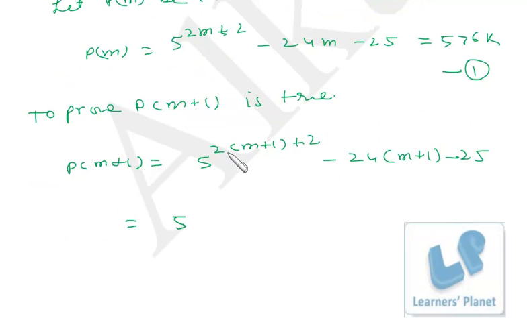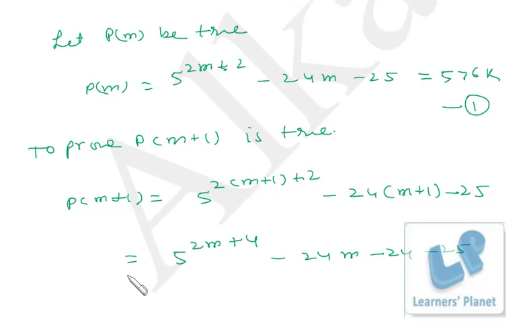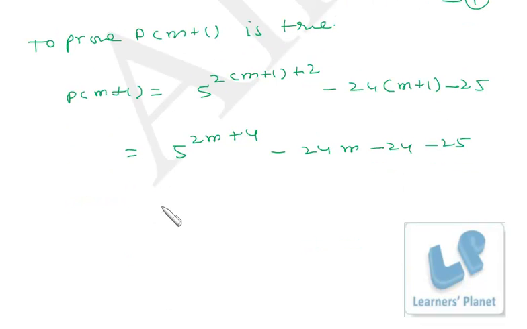It is 5 raised to 2m plus 4 minus 24m minus 24 minus 25. Okay. Now once again similar steps we have to follow. It's 5 raised to 2m into 5 raised to 4 minus 24m minus 49.